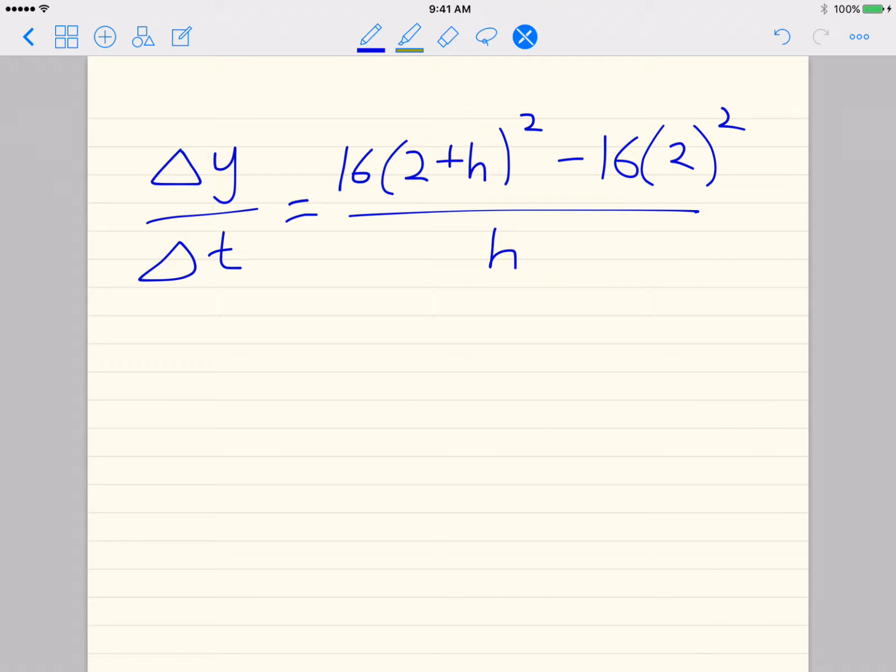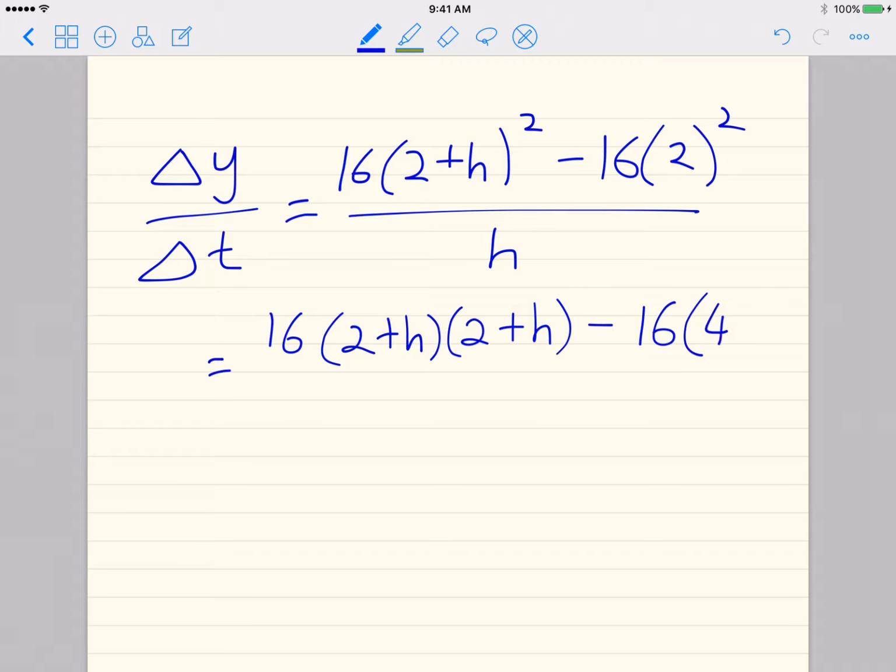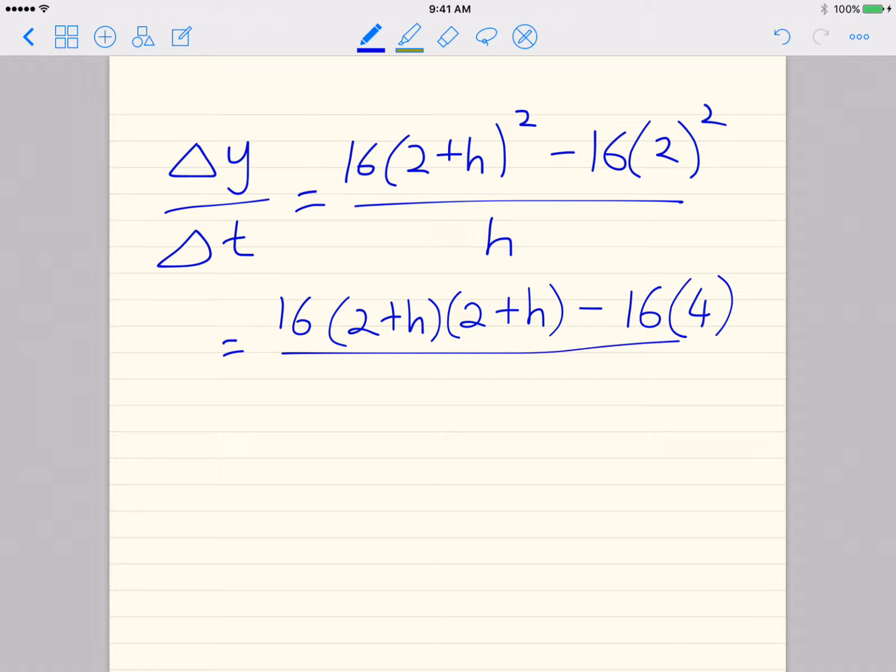So let me go to the next page. We have 16 times 2 plus h squared, which is 16 multiplied by 2 plus h times 2 plus h, minus 16 times 2 squared, which is just 4, all over h.